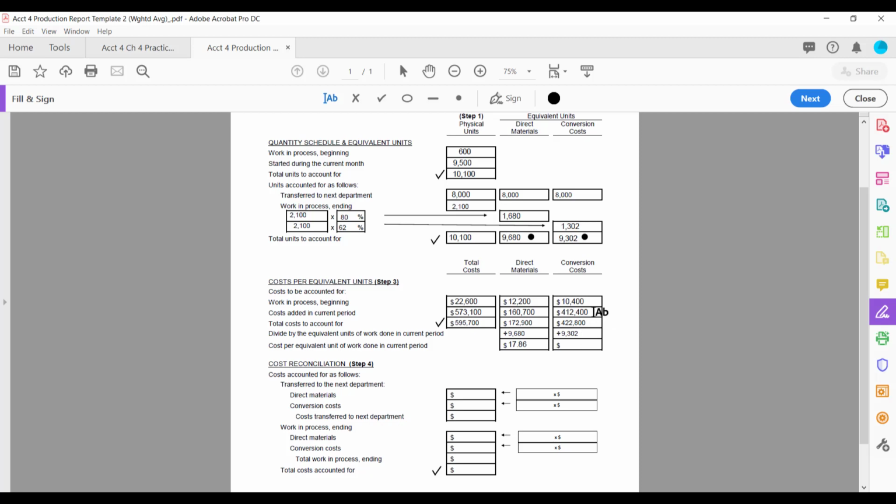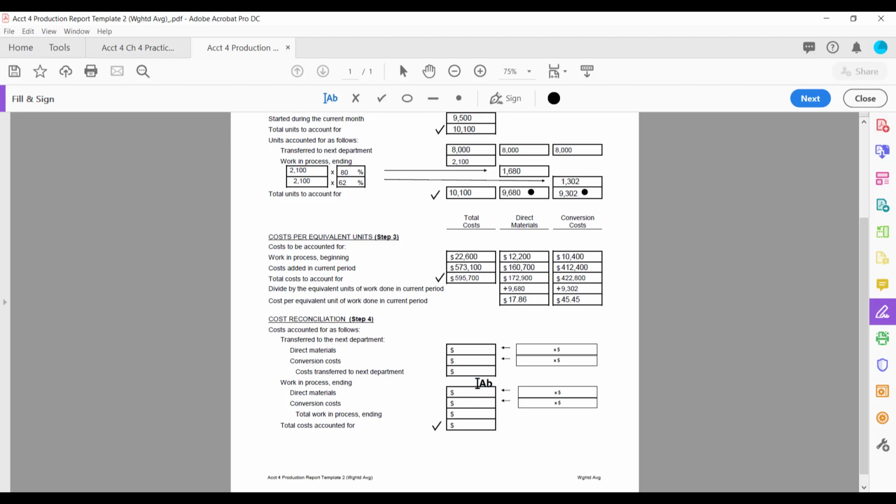We're going to do the same for conversion costs. We're going to take that total conversion cost to account for and divide it by the total equivalent units of work done. When you divide that 422,800 by the 9,302, rounded, that comes out to $45.45 of conversion cost per equivalent unit of work done. All right, so that is step 3.